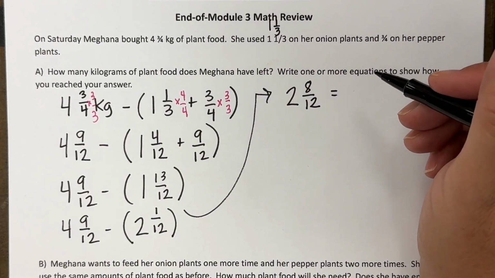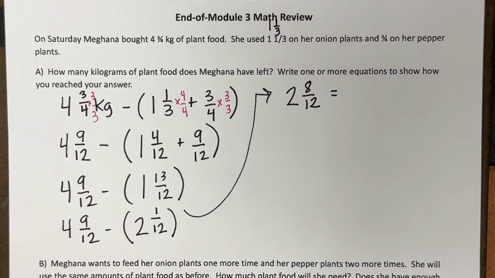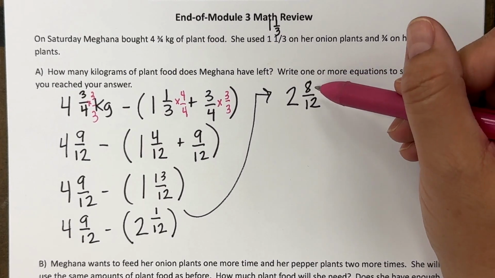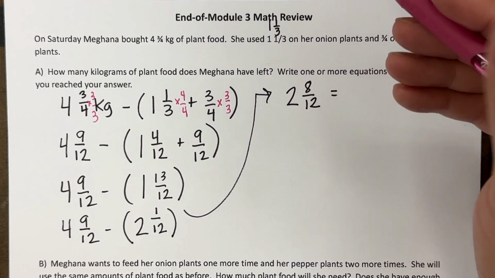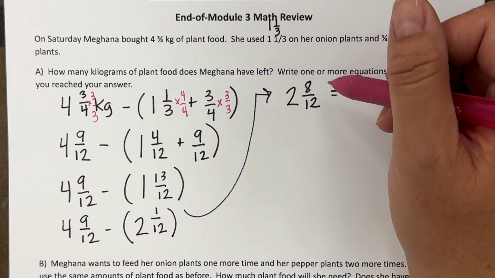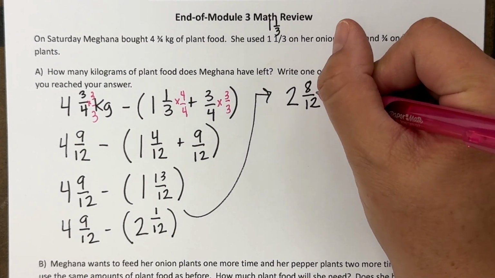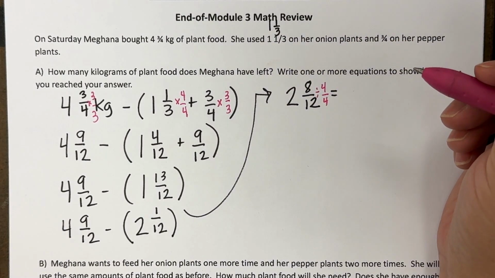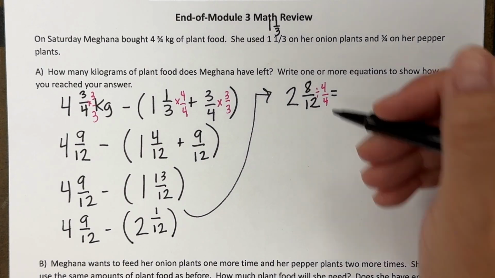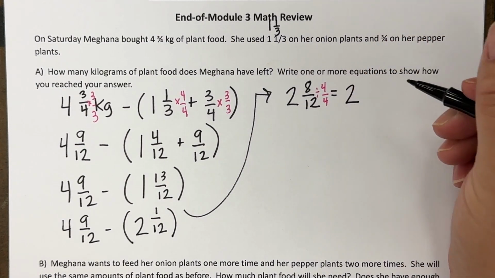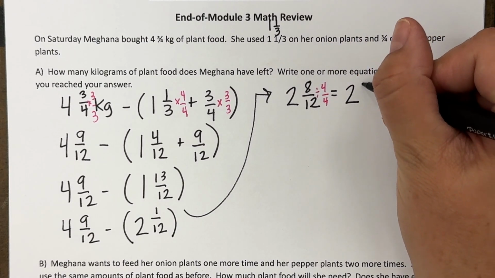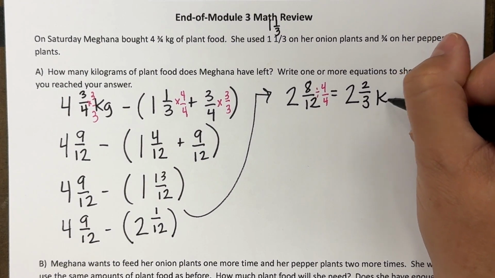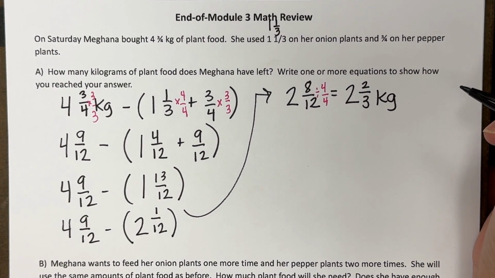Then you would need to simplify, right? When you're simplifying, you're looking to see what the numerator and the denominator can both be divided by. They can both be divided by 4. So we're going to divide by 4/4. And then you're going to keep the whole number the way that it is. 8 divided by 4 is 2. 12 divided by 4 is 3. And then we're going to add our label on there.